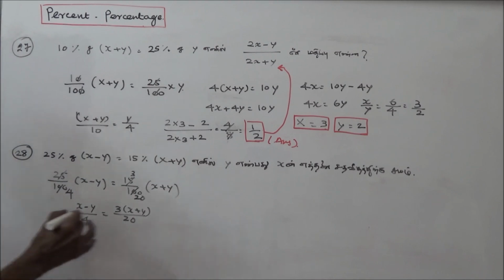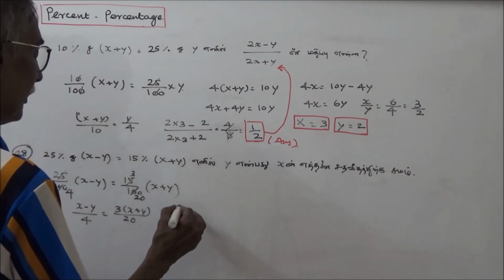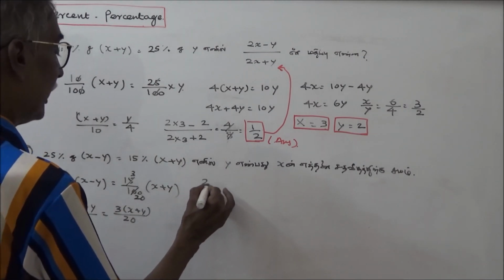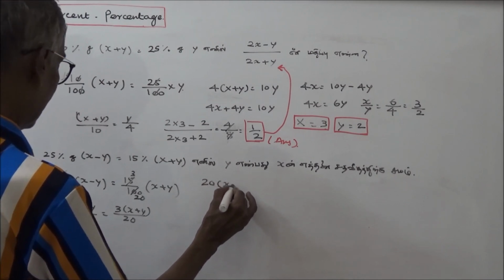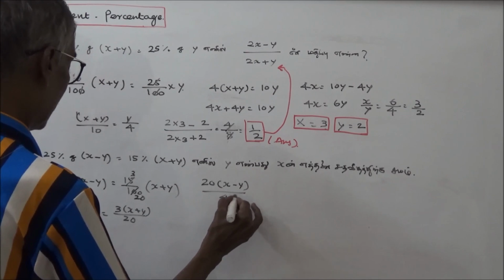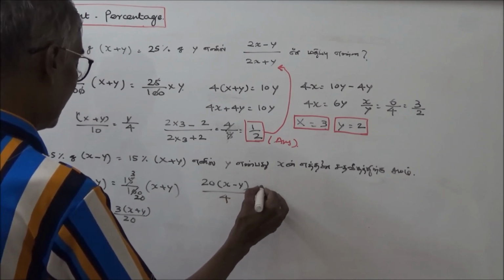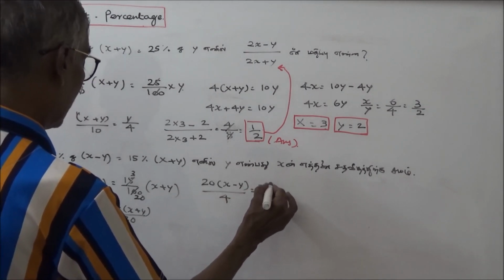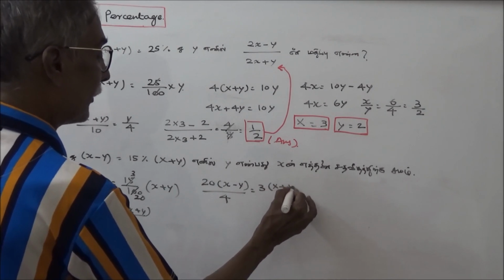We cross multiply it, so this will become 20 into (x minus y) by 4 is equal to 3 into (x plus y).